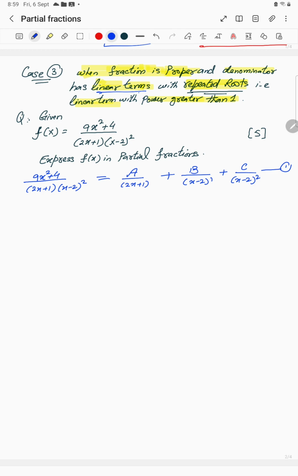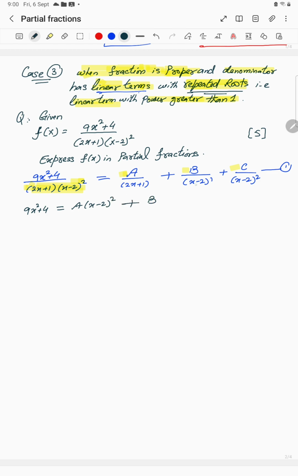The same process: whatever is in the denominator of the original fraction, multiply each term with this, A with this, B with this, and C with this. And we will see what is left. When you multiply here, only 9x squared plus 4 is left. And here, 2x plus 1 will be cancelled with the A, and (x minus 2) whole square is left.